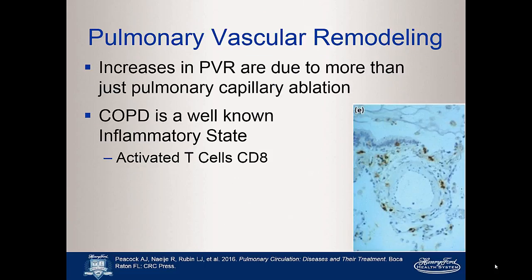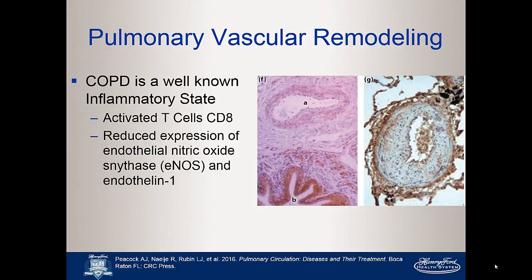But the increase in PVR seems to be due to more than just pulmonary capillary ablation. We know that COPD is an inflammatory state. Staining for activated CD8 cells is shown here. And you can see increased upregulation based on staining for endothelial nitric oxide synthase and endothelin-1 in the two pictures there. All of this begins to get upregulated in COPD as it progresses along.